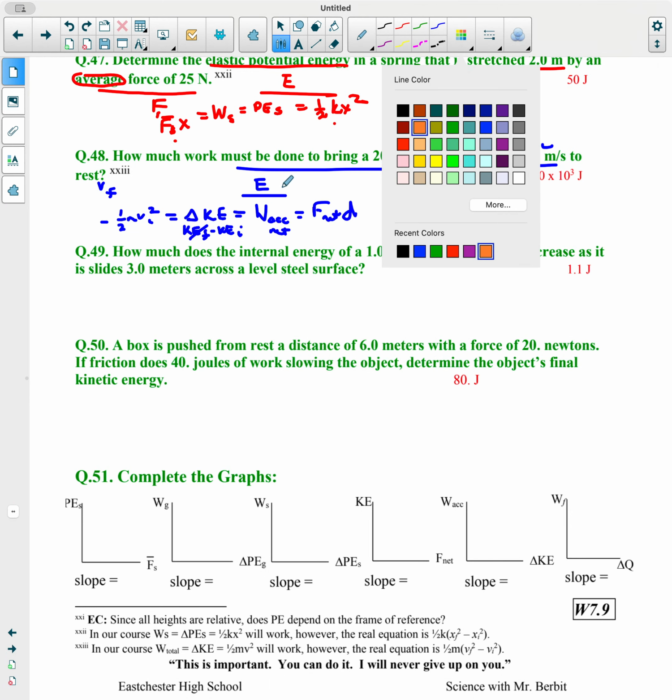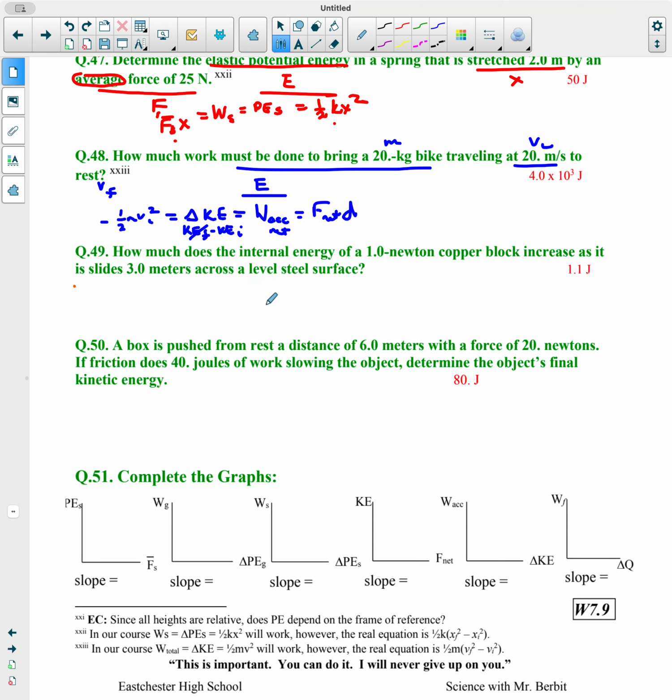Anyway, how much does the internal energy increase? So they want to know about delta Q. Right? That's the thing we're looking for. Well, we don't have like a, we can put MCAT. We can recognize that this is the same thing as WF, which is FF times D. Okay?